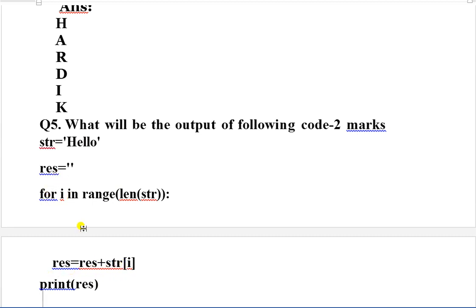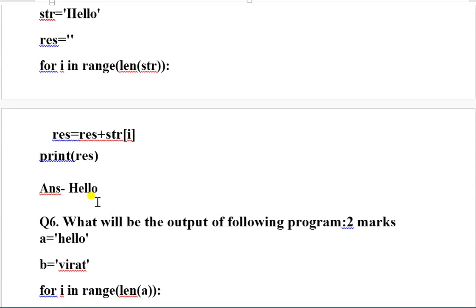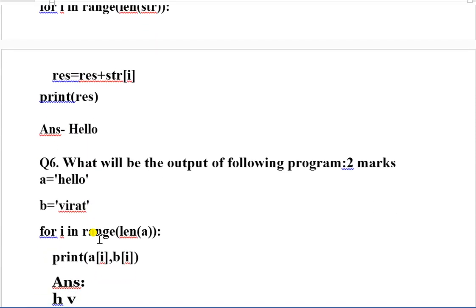So every character is just concatenated with this variable res. Then you have to print the value. So it will give the string as it is, because here we are just putting every character into the empty string.